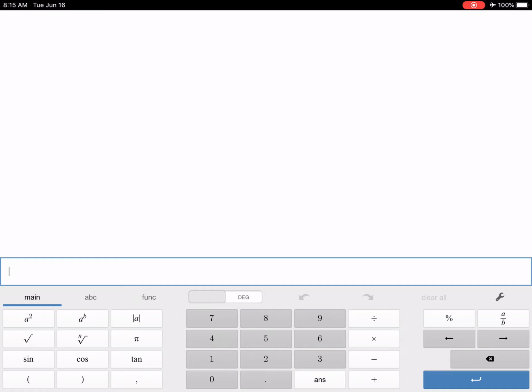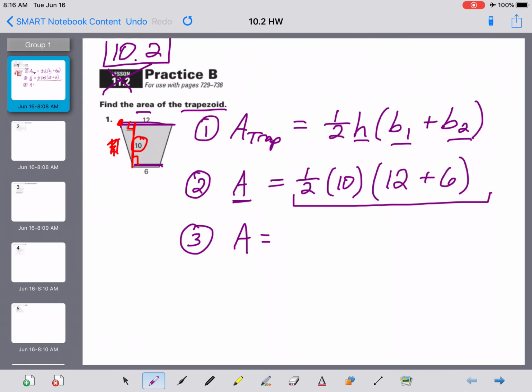The 1/2 is probably best put in as a 0.5. We're going to multiply that by our height, which was 10, and then in parentheses, our two bases here were 12 and 6 added together here. And when I hit enter, I ended up with 90 for the area of that particular trapezoid. So that is going to be a 90 right there.